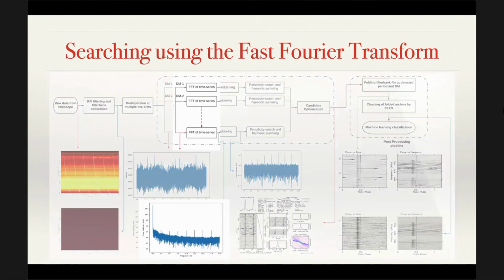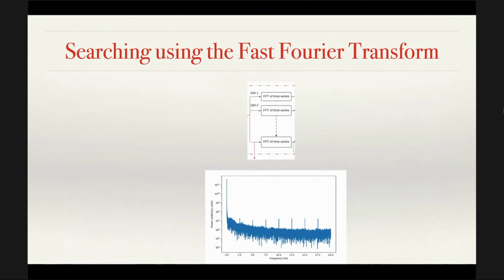Okay, so we're going to take the Fourier transform, and what you'll get now is you'll notice we've changed from time in this axis here to frequency, and then we've got power in arbitrary units here. And what you can already see is there's a hint of some feature at these different locations. Okay, and so that could correspond to the spin frequency or the rotation frequency of our pulsar.